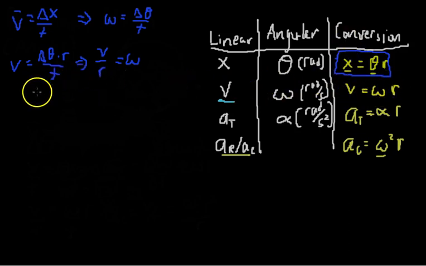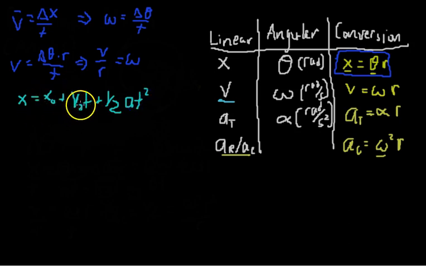Now, one of the things that we can do is we had several other kinematics equations. So we had x equals x naught plus v naught t plus 1/2 a t squared. So we had this as a relationship. Now, we can see over here that all we need to do to convert from the linear, at least these three linear, into the angular is to divide the linear terms by r.